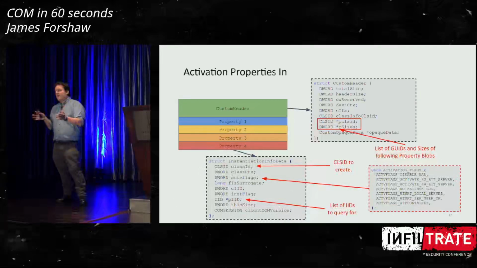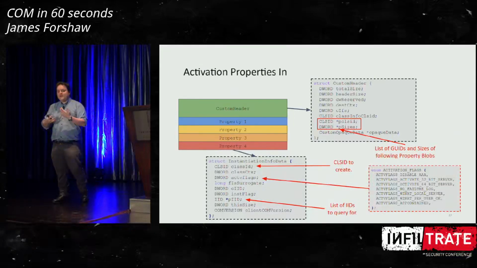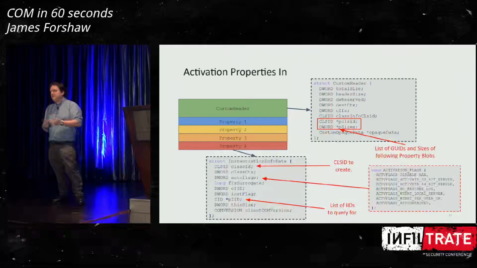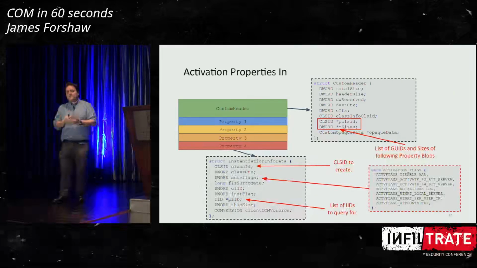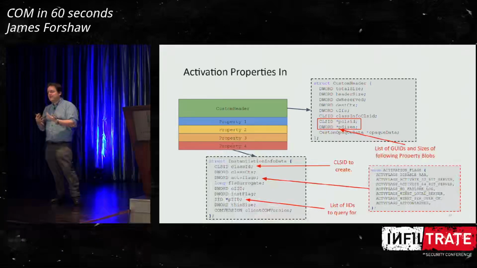And even though they look like interfaces, they're actually binary blobs. Underneath the hood, they're just basically binary structures. They have a common header, which contains a list of property blobs which are associated with this structure. And then it has the individual structures you're interested in. So for activation properties in, the most interesting one is instantiation info data. This contains things like the class ID you want to instantiate, a set of flags, things like I want to create this object running in an app container.